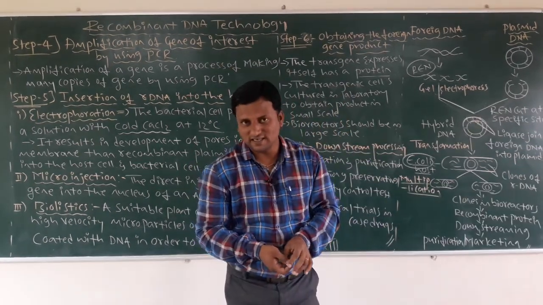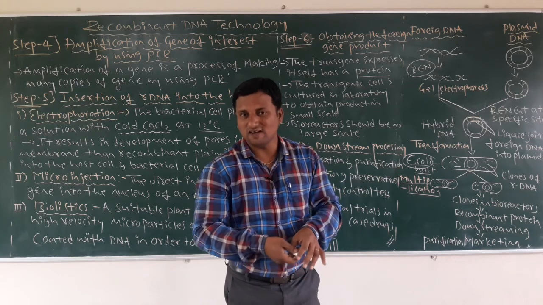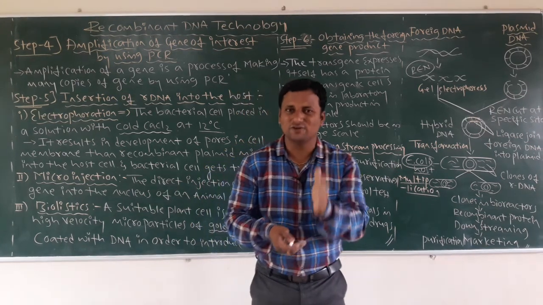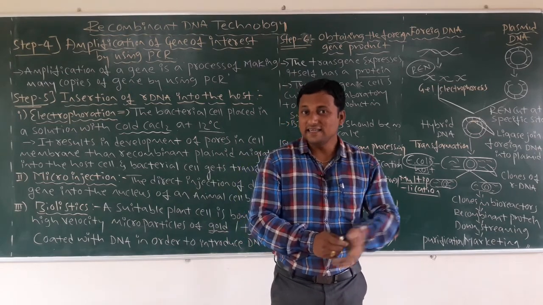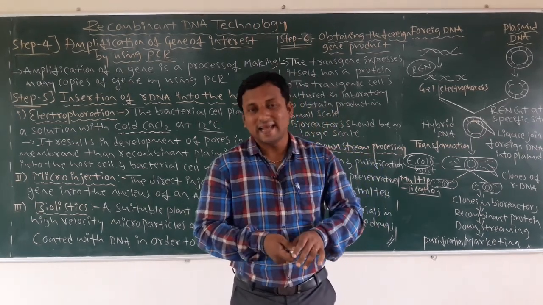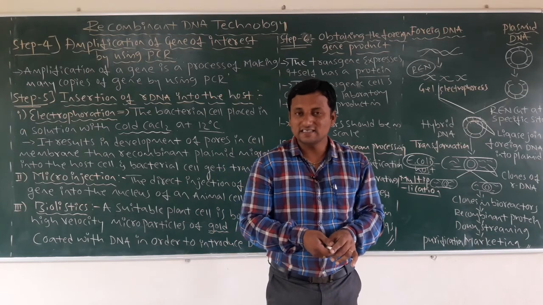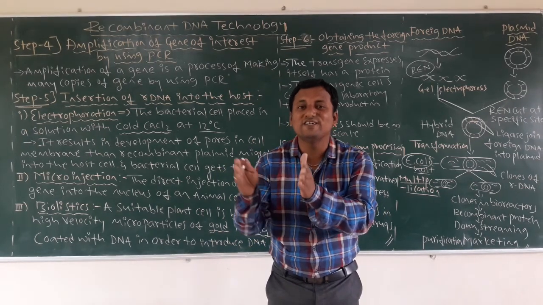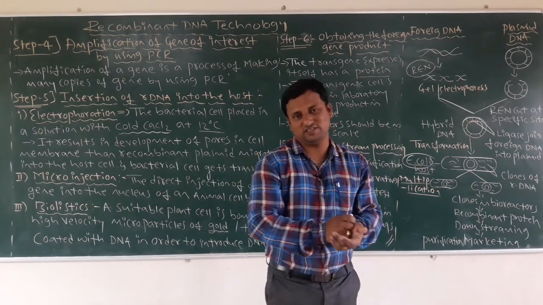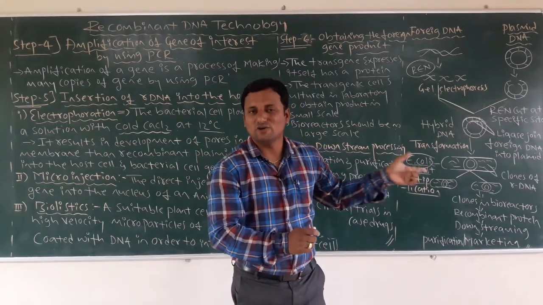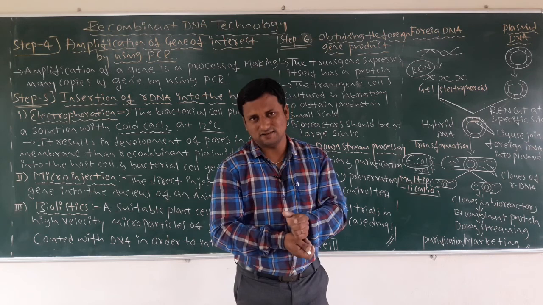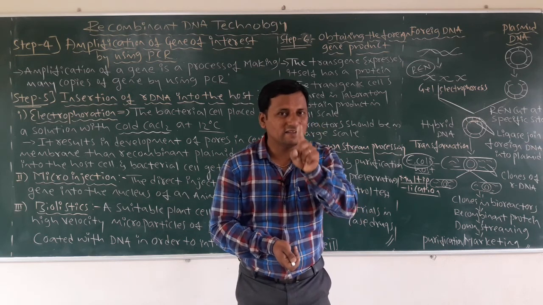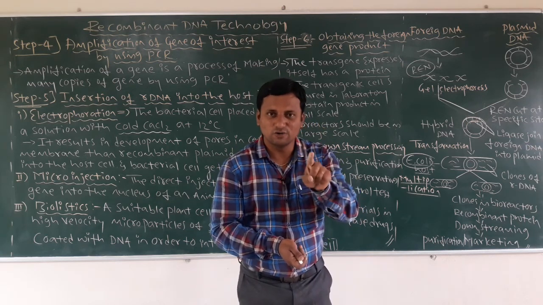As I already told you, it undergoes rapid division and is very sensitive to antibiotics, and multiple copies are formed in that host, the E. coli bacteria. So due to all these reasons, we take E. coli bacteria as the host cell.